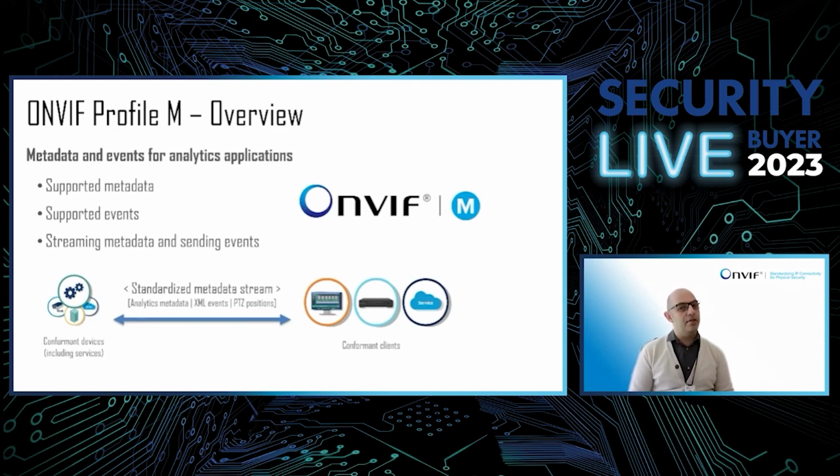Profile M is slightly different from other ONVIF profiles, and it deliberately relaxed the requirements on the device, making it possible for conformant devices to be an application or even a service. And a conformant client could be a VMS, NVR, or cloud service. So ONVIF Profile M helps communication between different components of the system for exchange of metadata and events.